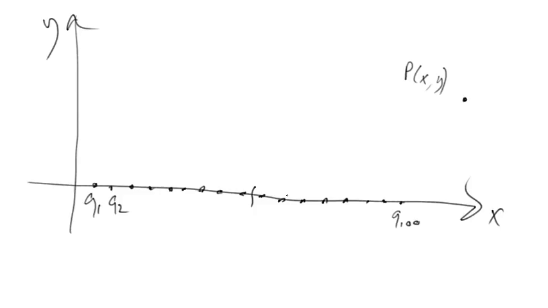Alright, so I'm going to pick some arbitrary particle. I'll call it q sub I, and it's at a distance x sub I from the origin, where I is an integer that represents which particle I'm talking about.